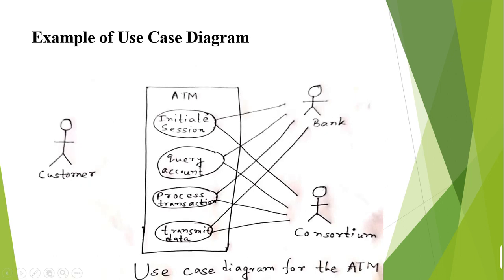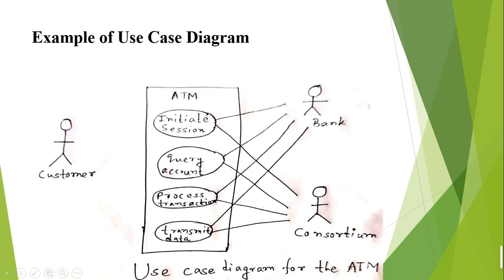Here I have taken one example from the book I am following, the book on different kinds of methodology, the Rumbaugh methodology. I've taken one use case diagram for the ATM. See here, the bank is one actor, the customer is another actor, and the consortium is another actor.